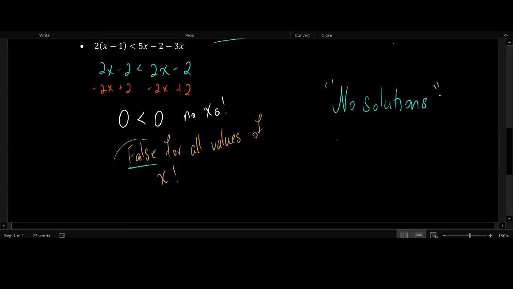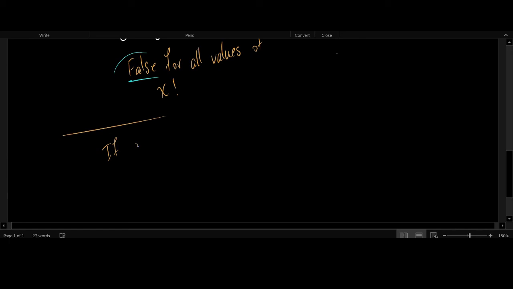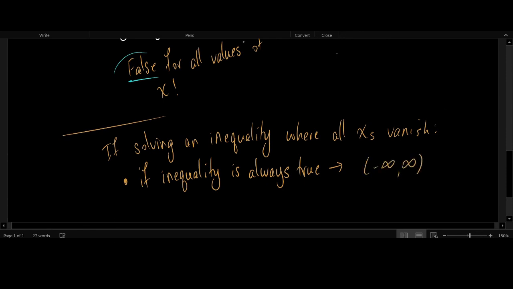So in general, if you're solving an inequality where all the x's vanish, and the inequality is always true, then the answer would be negative infinity to infinity.